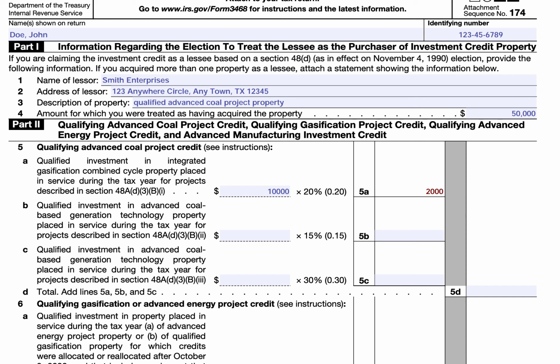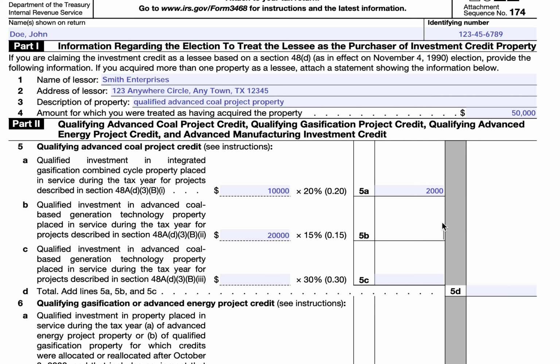In line 5B, the eligible property here under this code section is any property that is part of a qualifying coal project not using an integrated gasification combined cycle. So let's just say we spent $20,000 on this equipment, to which we're eligible for a 15% credit.